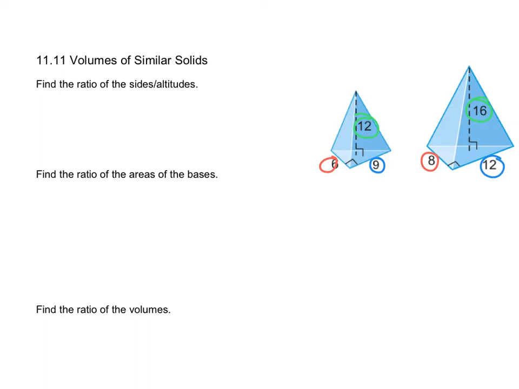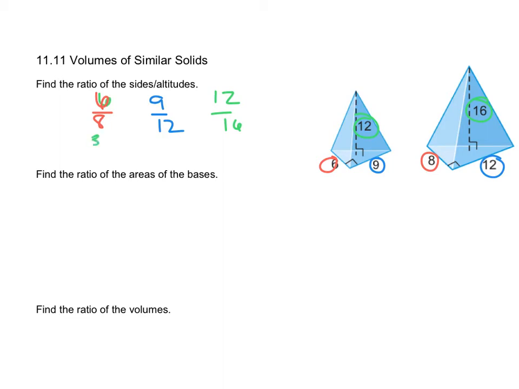So the first thing we're going to do is write out those ratios. So 6/8, 9/12, and 12/16. We want to see if they can simplify. I can simplify 6/8 by dividing the numerator and denominator by 2.